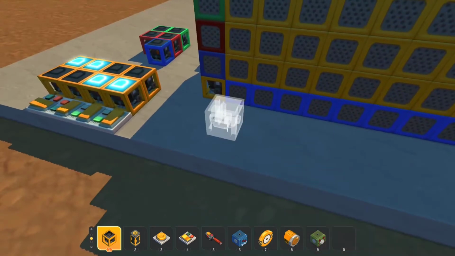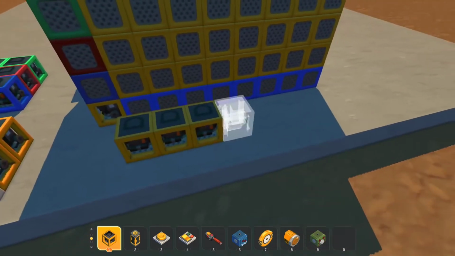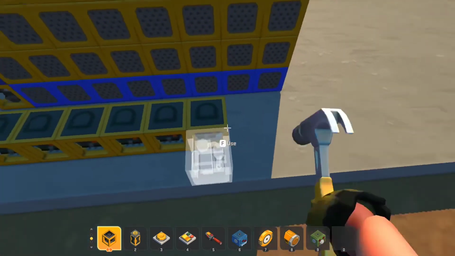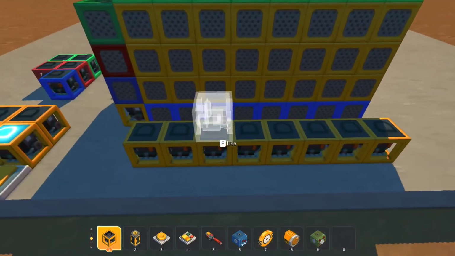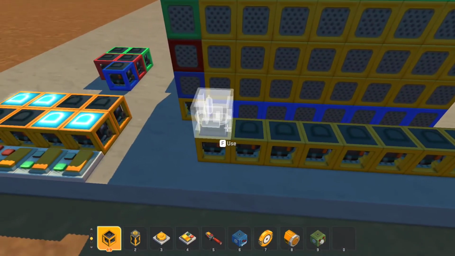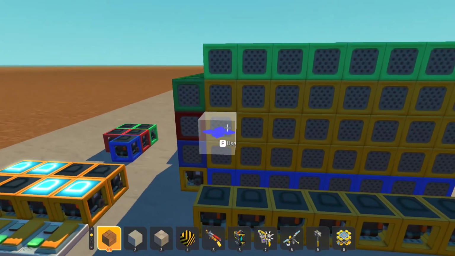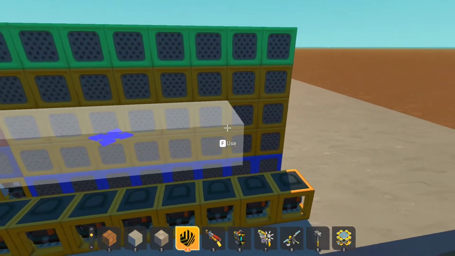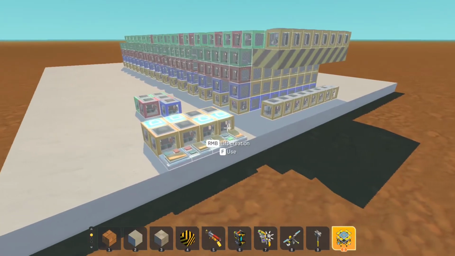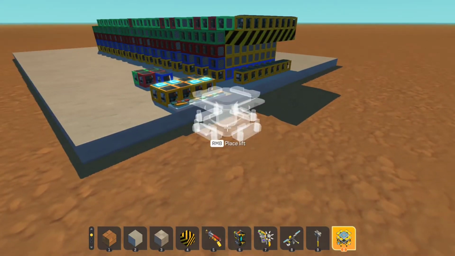So we have some data inputs and some data outputs. I think I'm gonna build them higher up. So remember previously when I proved that you don't need to be very smart to build a computer?